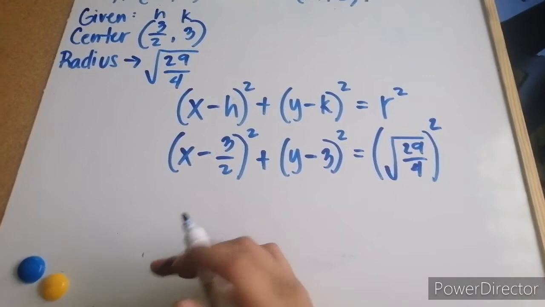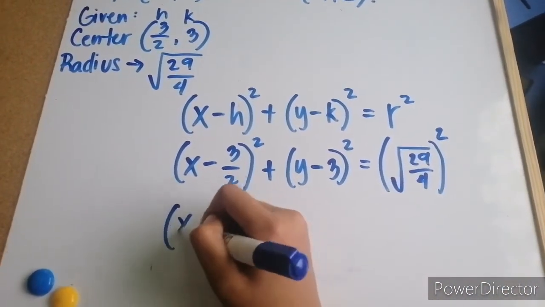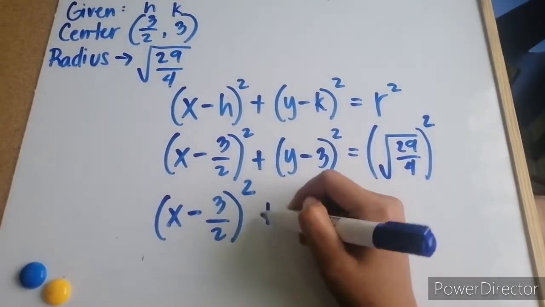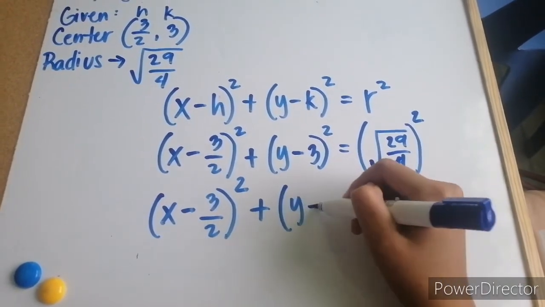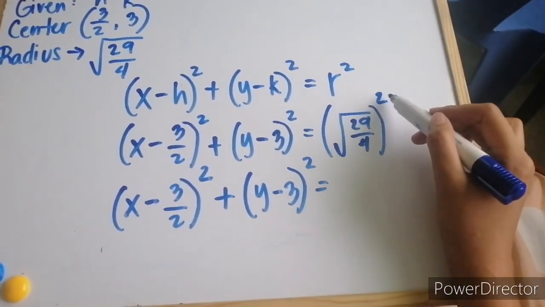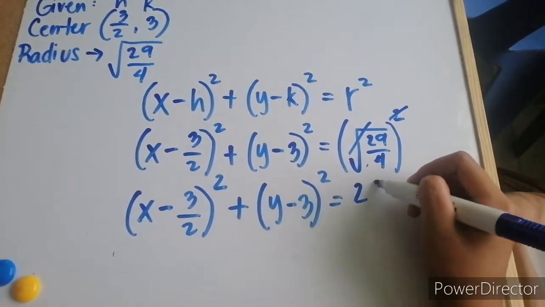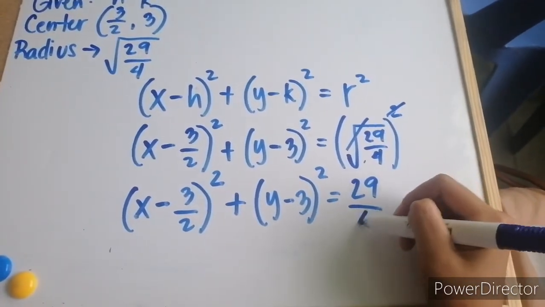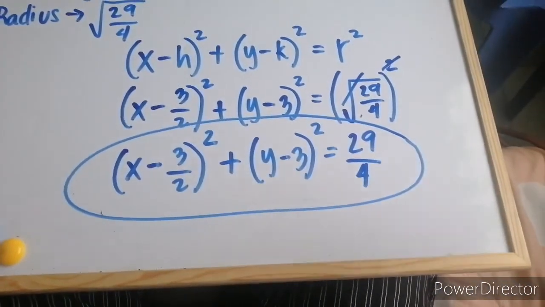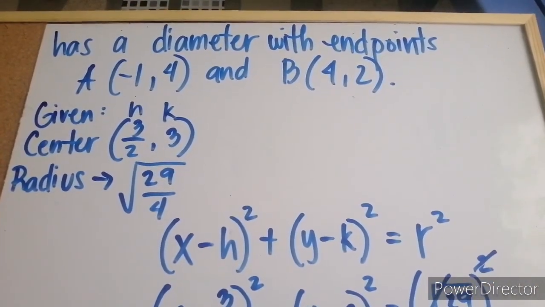To finalize our equation, we have x minus 3 over 2 squared plus y minus 3 squared is equal to, take note, we have a square and a square root. It will just simply remove our square root, so it will leave 29 over 4. And this is now our standard equation of the circle for this problem.